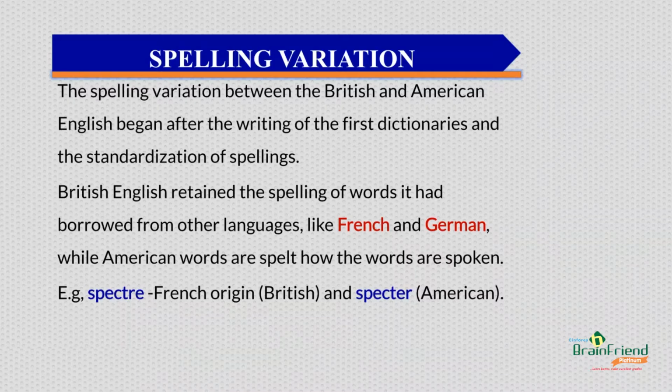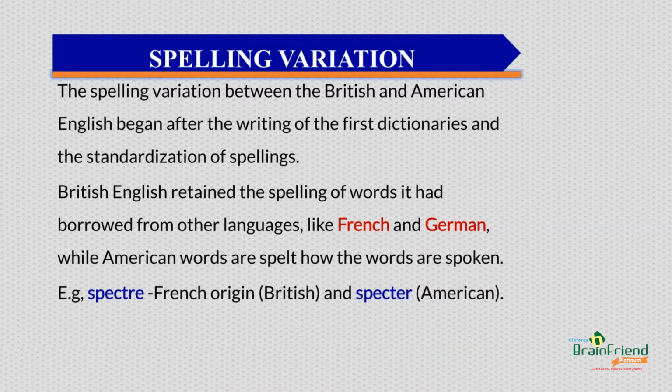Now to my story. Remember I said that the variation between British and American English started after the standardization of spellings and the first dictionaries. Now, the first dictionary was written by Samuel Johnson in 1755, followed by the American writer Noah Webster, who wrote his own dictionary in 1828.